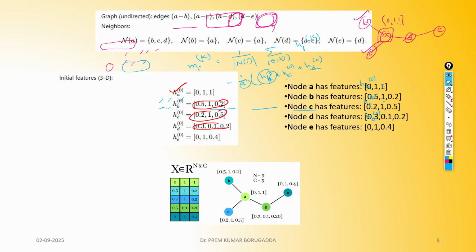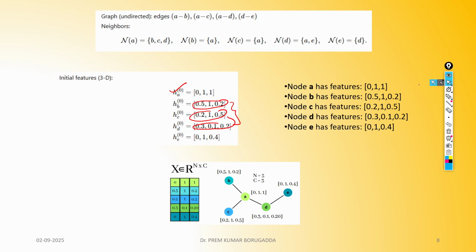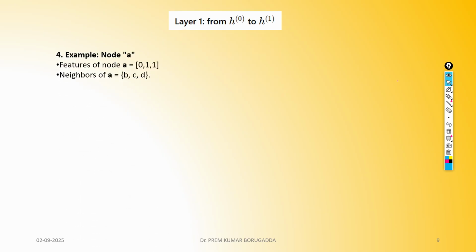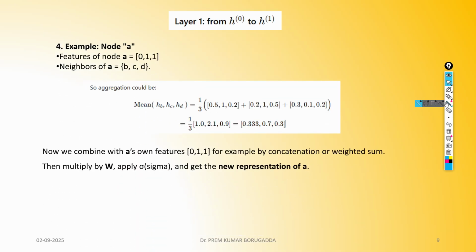These are the 3 values we are going to use for node A. Once we calculate the mean of h_B, h_C, h_D, the final value will be 0.33, 0.7, 0.3. This is for node A.